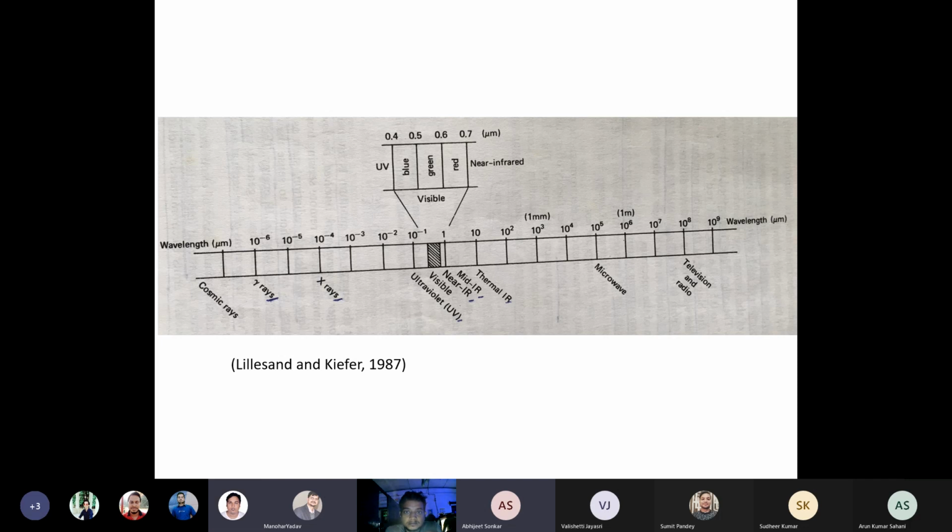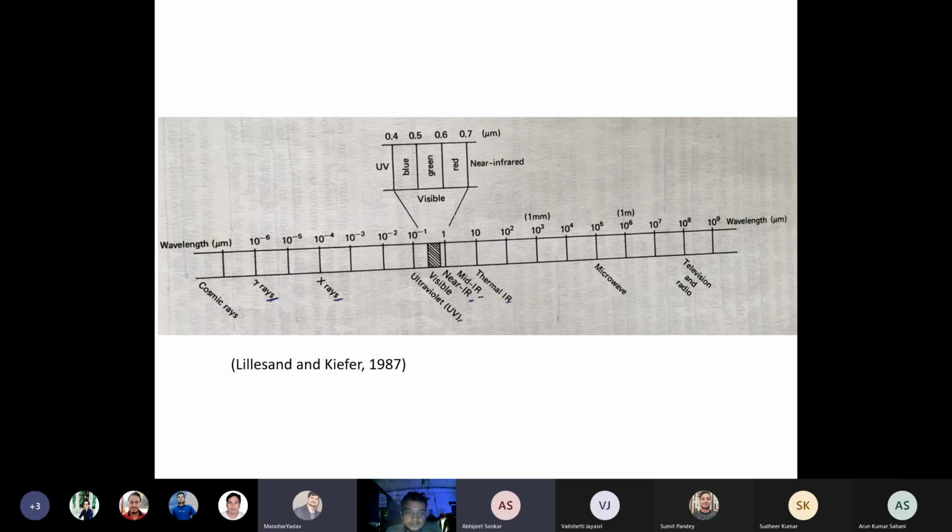Yes, sir. Energy equals h nu, that is h c by lambda. When we define the energy component at a particular wavelength, these two variables are inversely proportional.